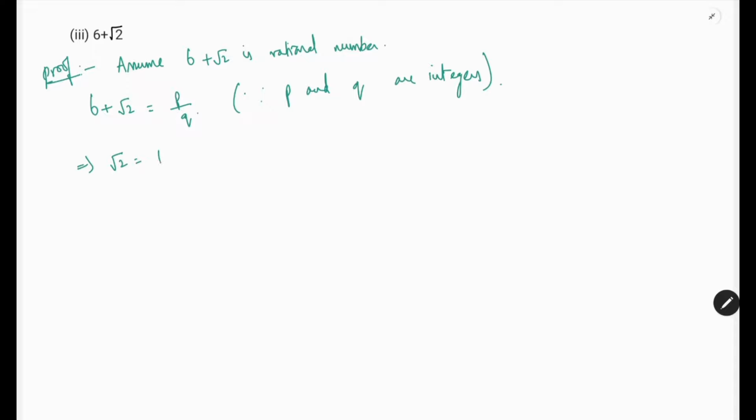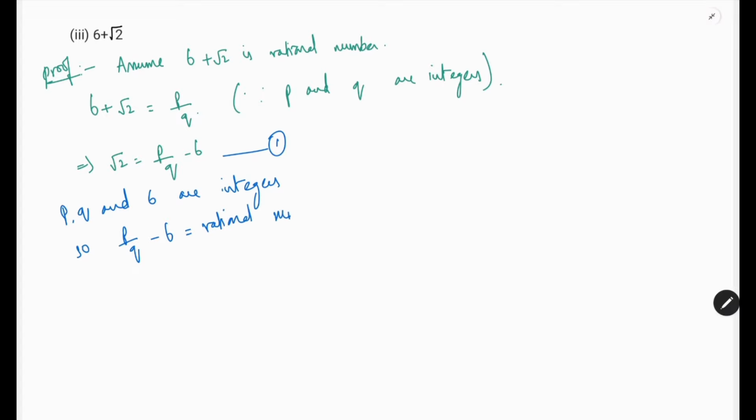Root 2 is equal to p by q minus 6. Make this the first equation. Here p, q and 6 are integers. So, p by q minus 6 is a rational number.